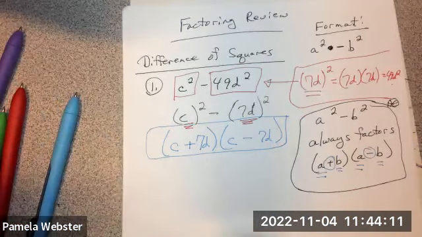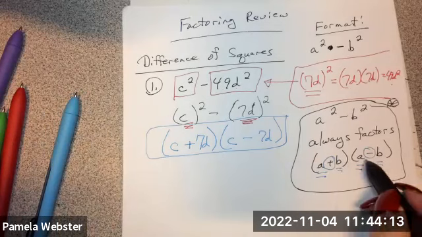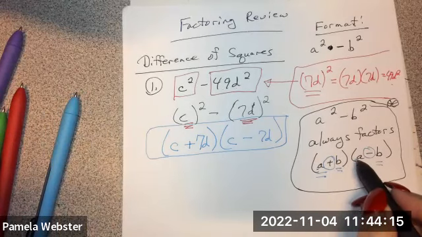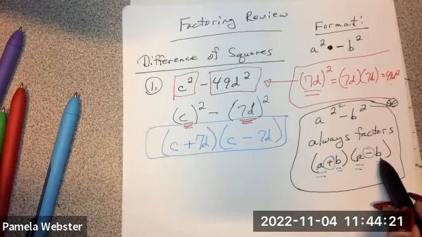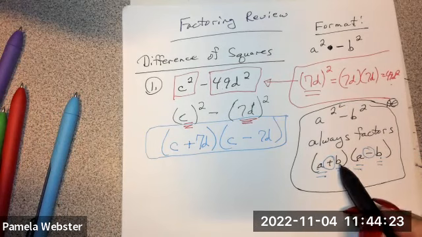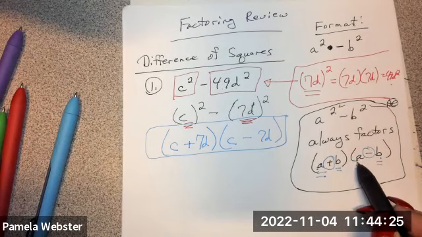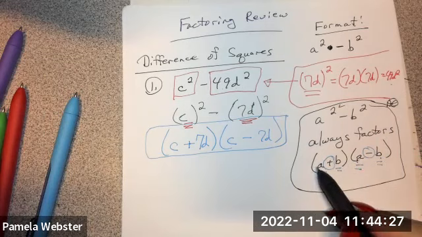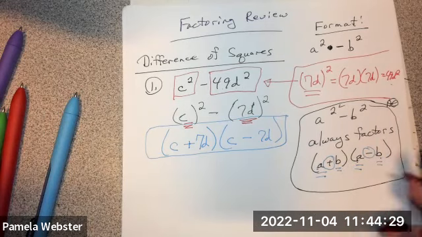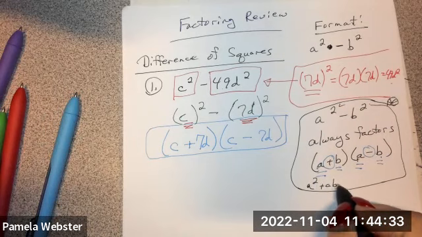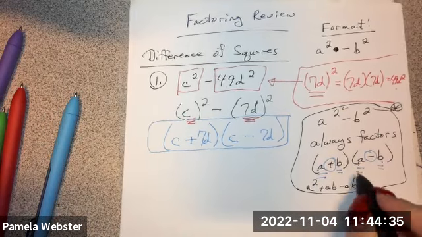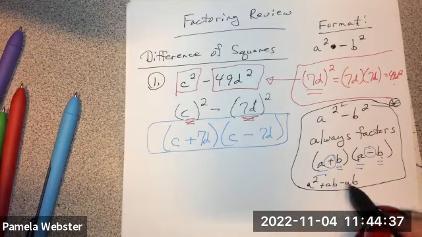And if you're not sure, go ahead and think about this. If I multiplied this back out, a times a would give me the a squared. A times negative b is negative ab. A times positive b is positive ab. So a negative ab and a positive ab, let me write that out, a squared plus ab minus ab. Those are going to go away, right?